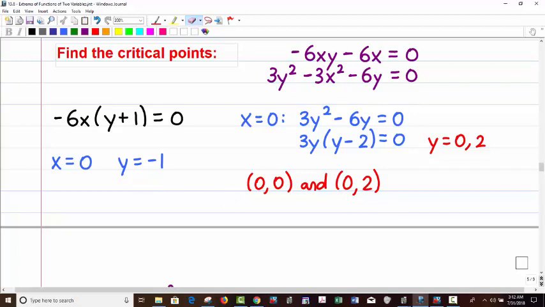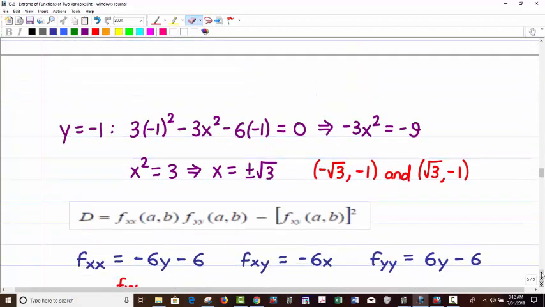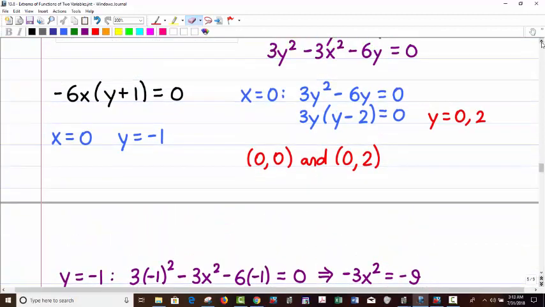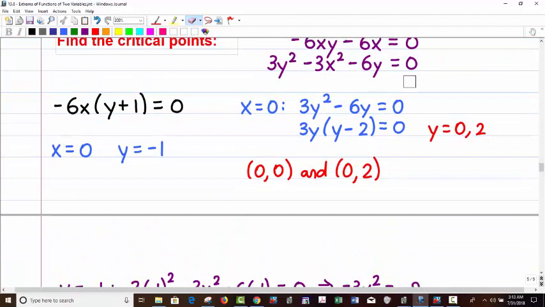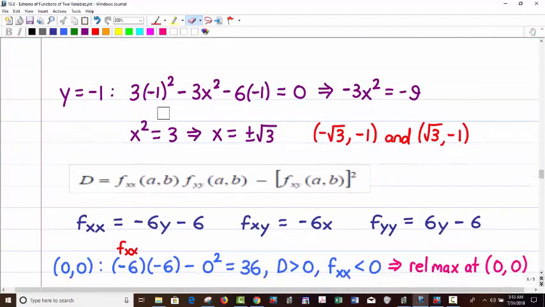Now we plug negative 1 into the same bottom equation right here. I put in negative 1, and I end up with negative 3x squared equals negative 9 after working those numbers out.